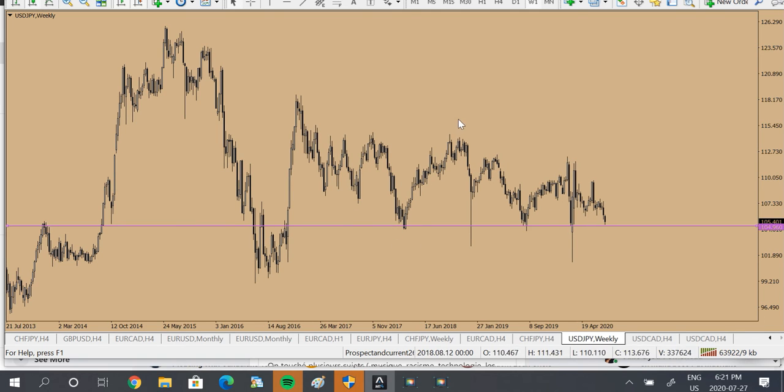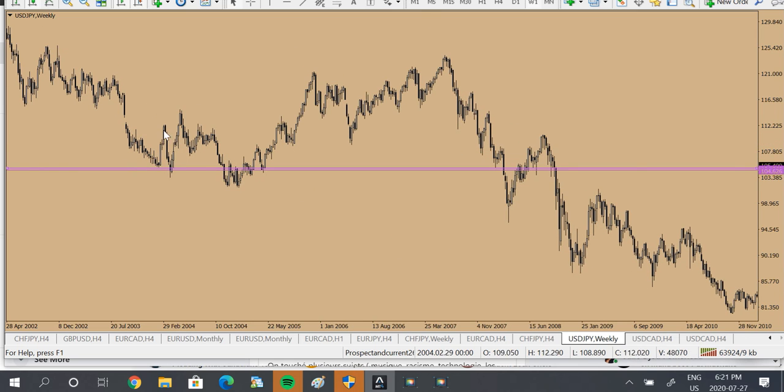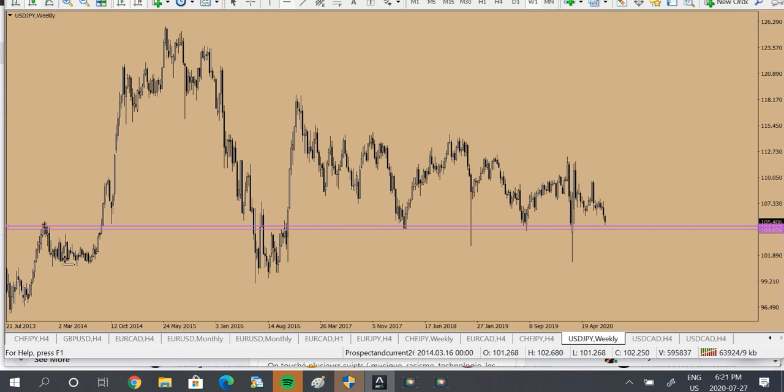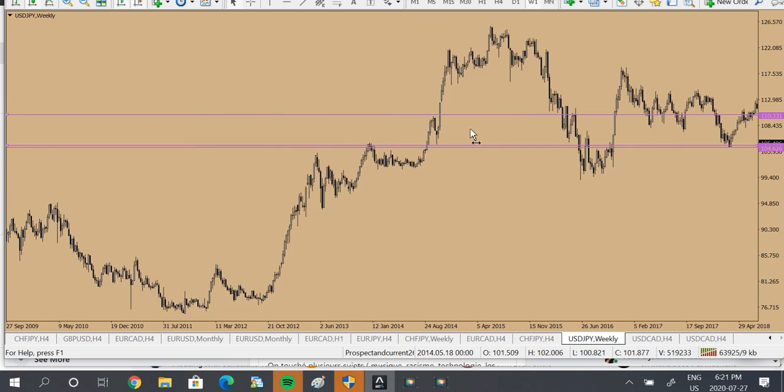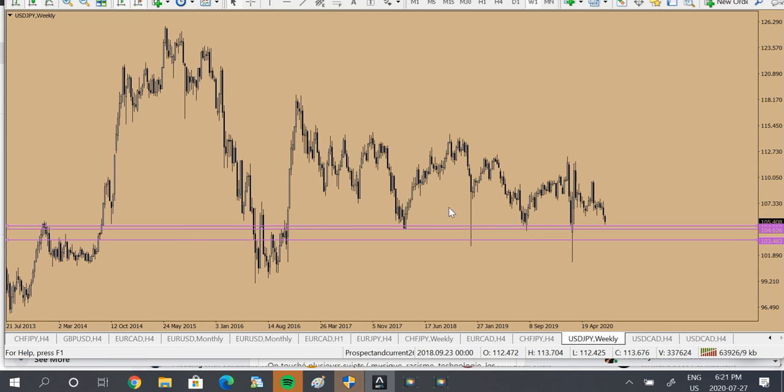Touch the price here, touch the price here, even here. Just give me 1 second. If you want to make the support zone wider, you can see it touched that area. So this is where you wait for price to enter in order for you to consider a buy.